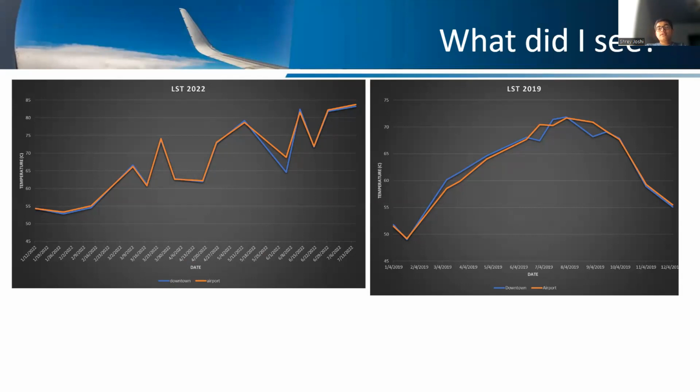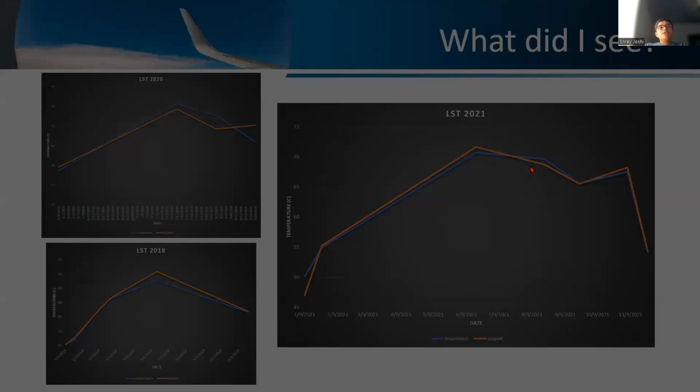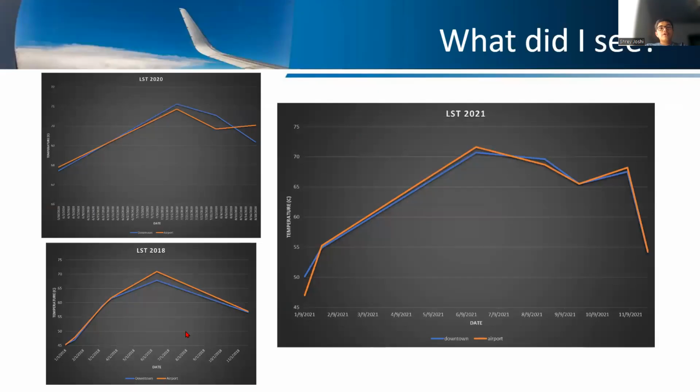And you can see that the airport even exceeds the downtown temperatures at some points. You can also see the 2021 and 2018 graphs having the same kind of trends, with the airport staying just a little bit above, and in some places a little bit below.